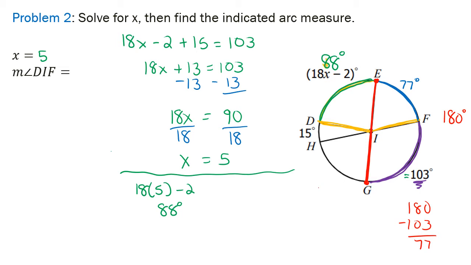Now that I know the green arc and the blue arc, these two arcs combined together is going to be 88 plus 77 is 165. I'm going to do a little erasing. So this arc right here is 165. So its central angle, DIF, is going to be 165.